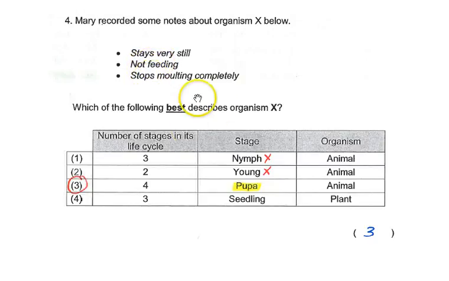So very likely the life cycle is 4 stages, because molting is at the 2nd stage. If it's the 4th stage, the 3rd stage most probably will be a pupa. All right, the stage is a pupa, and the organism is an animal. All right, this is quite straightforward.